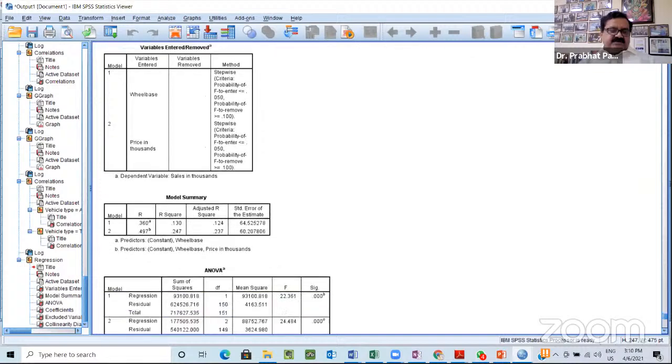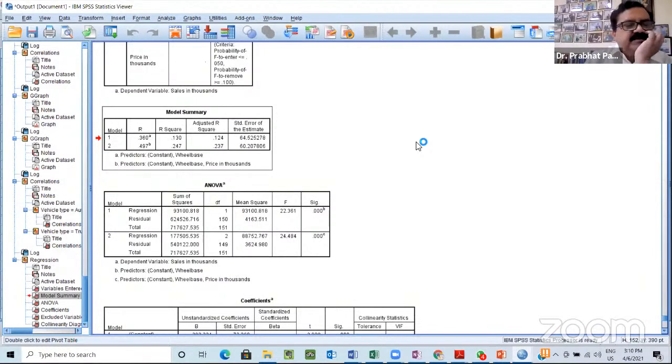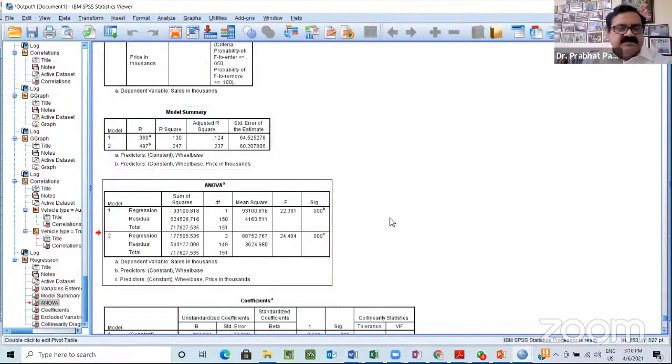The stepwise regression goes through an iteration process, and it picks up the best variable in the first iteration, and then it does another iteration on the rest of the variables, and then again it picks up the best variable from there in the second iteration, then it will go to the third iteration. So likewise, it will keep on iterating till the point it gets the variables which are free from the collinearity problem.